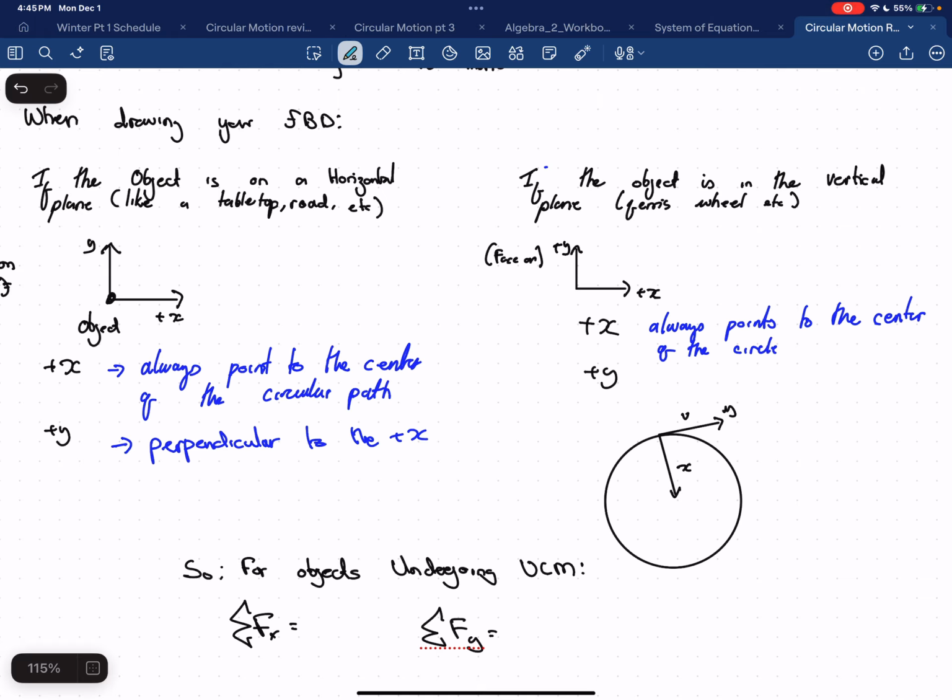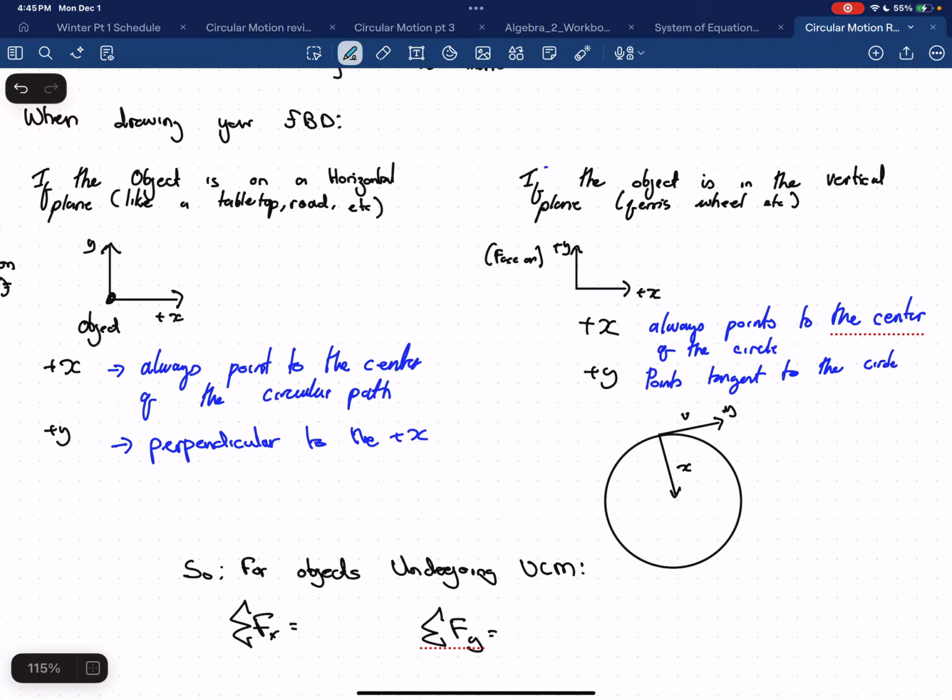And this time, our plus y is basically all the forces that are tangent. So it points tangent to the circle.